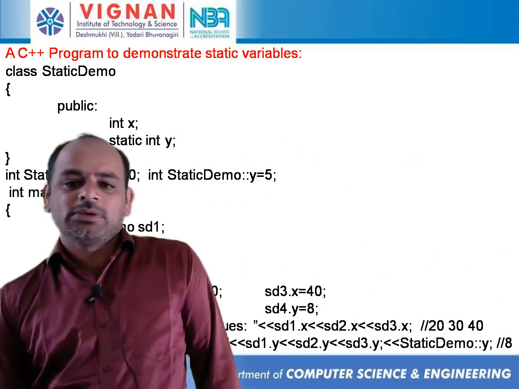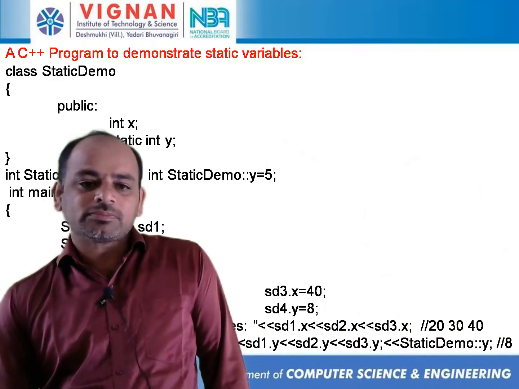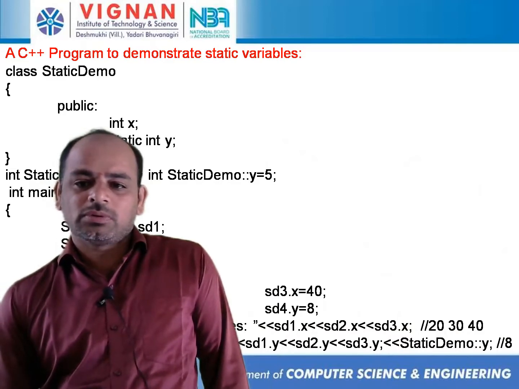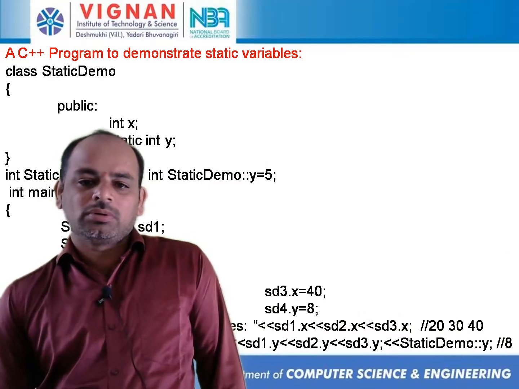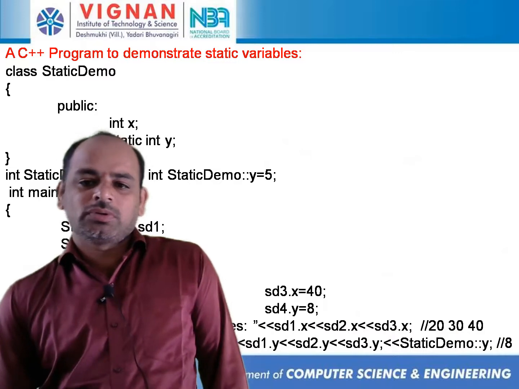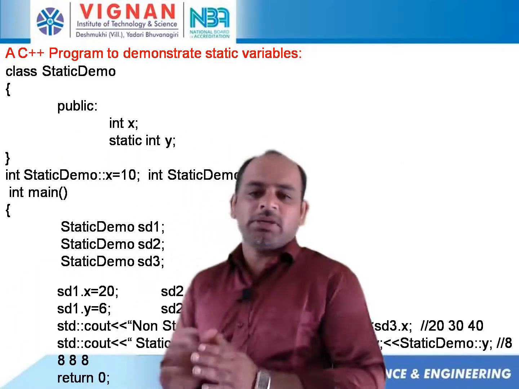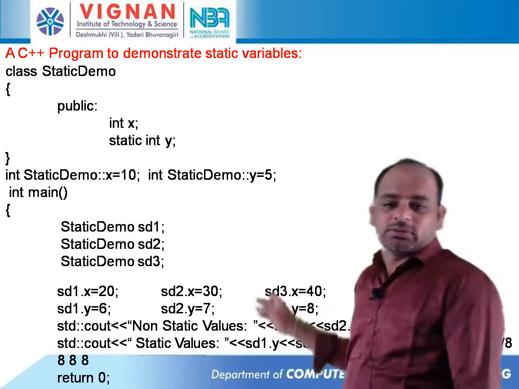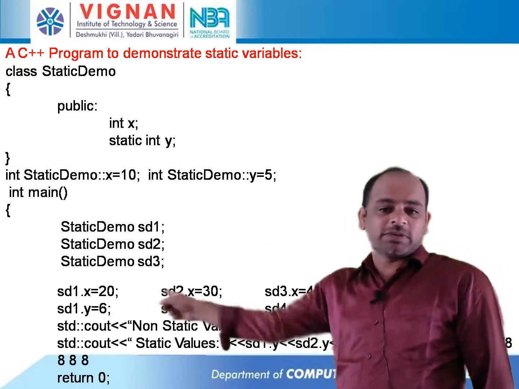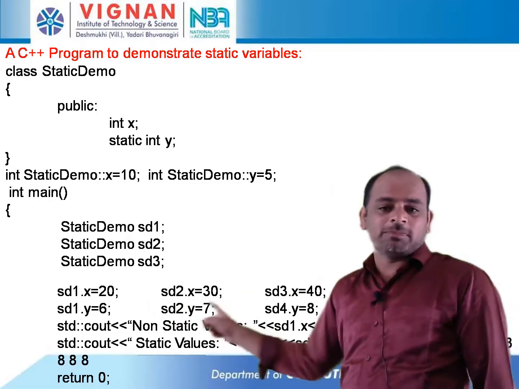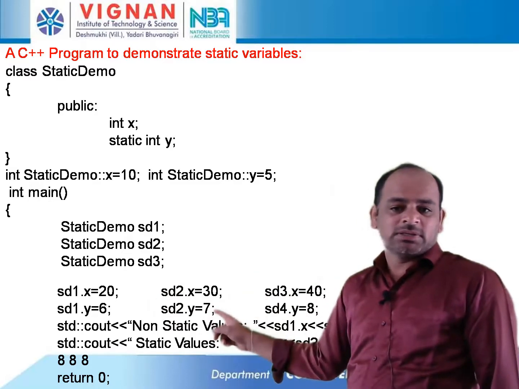So you can see only one copy will be created, right? These 3 copies of x will be created, but only one copy of y will be created, because y is a static member.